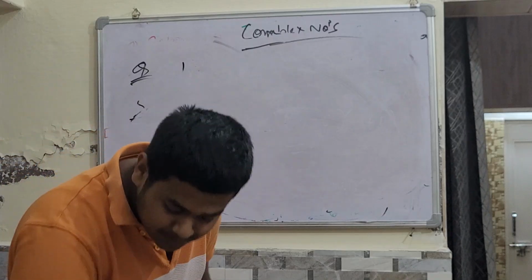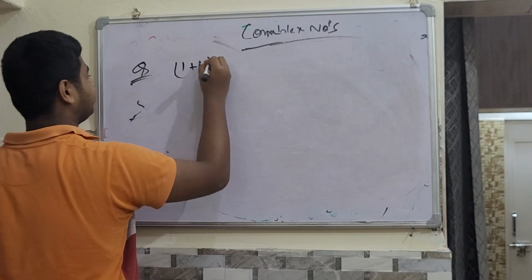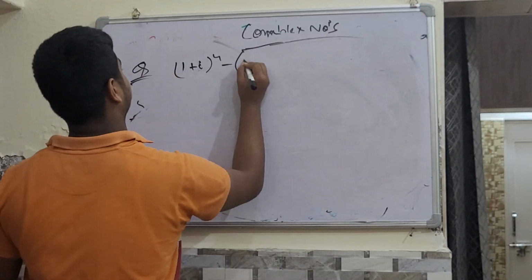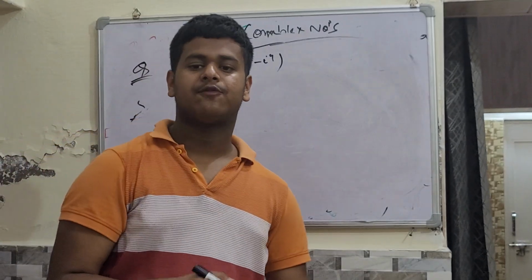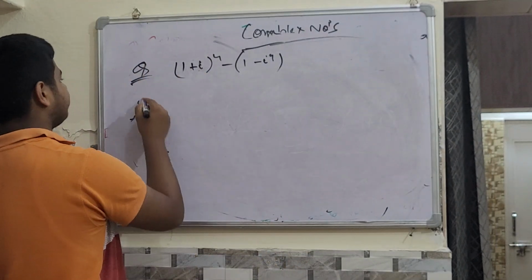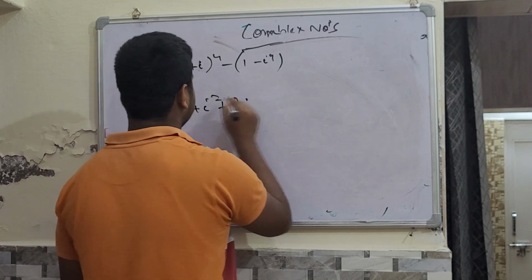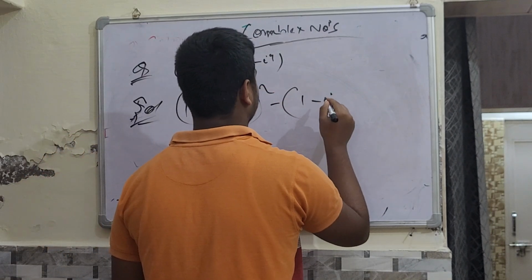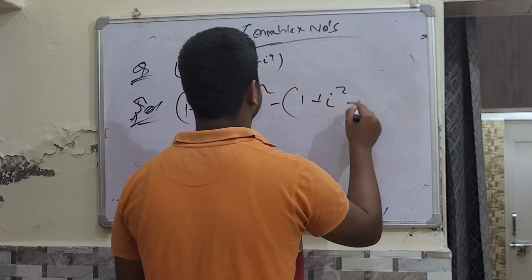One plus i to the power 4 minus 1 minus i to the power 4. You can use binomial expansion also, but if you don't know it, you can simply do it. 1 plus i whole square is 1 plus i square plus 2i, and it's a whole square, minus 1 minus i whole square, which is 1 plus i square minus 2i.